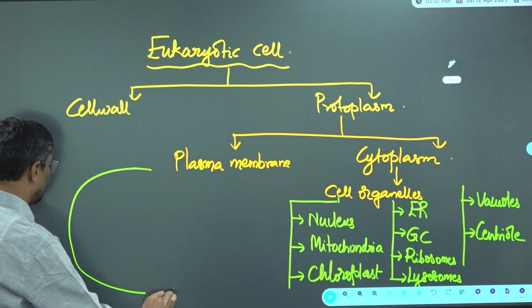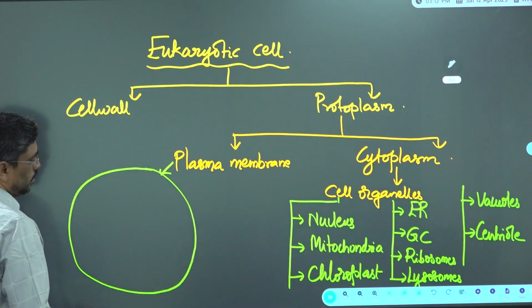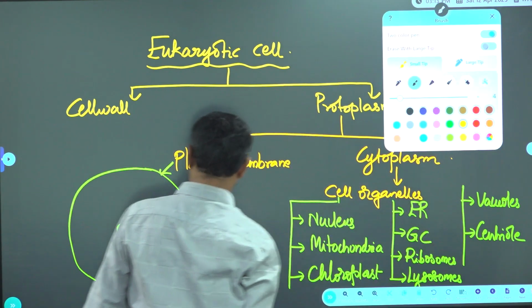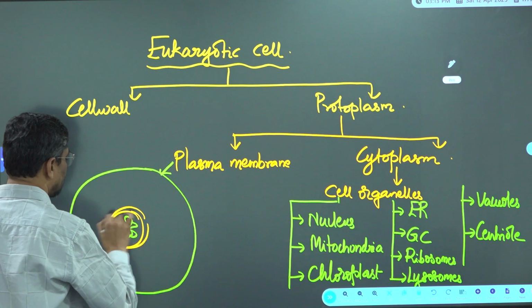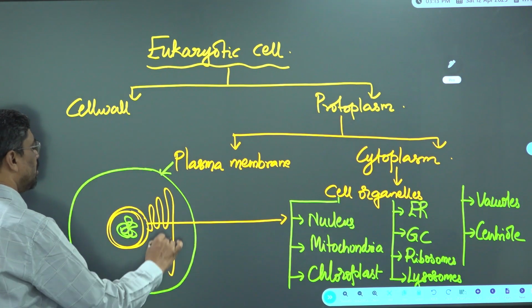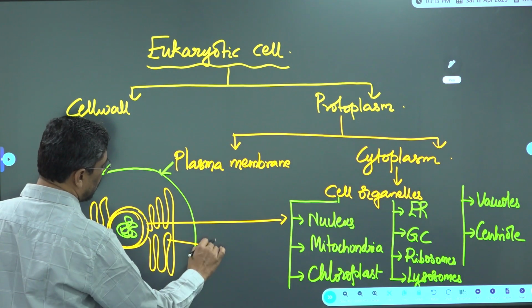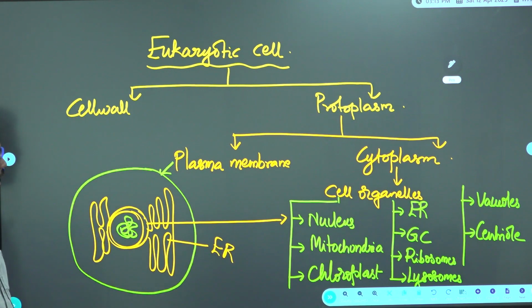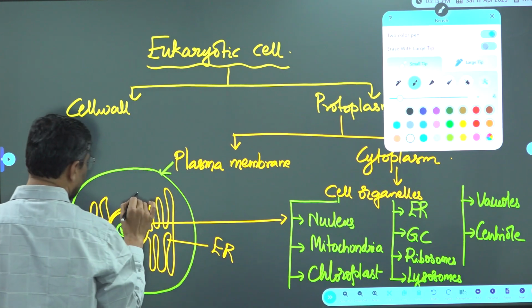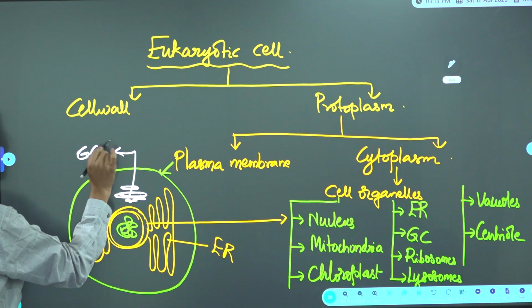I have already drawn this eukaryotic cell. You remember this one briefly. So this is the plasma membrane. Inside the cell there is a nucleus, and from this nucleus a membranous reticulum extends throughout the cell. This is called the endoplasmic reticulum. Here the tubular structures are present, and these tubular structures we call the Golgi complex.